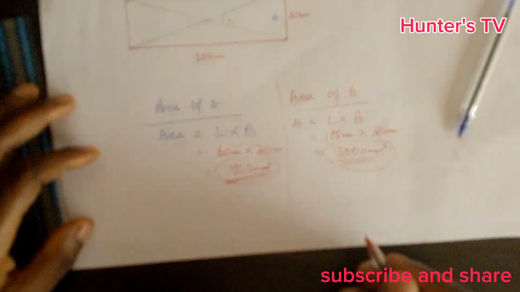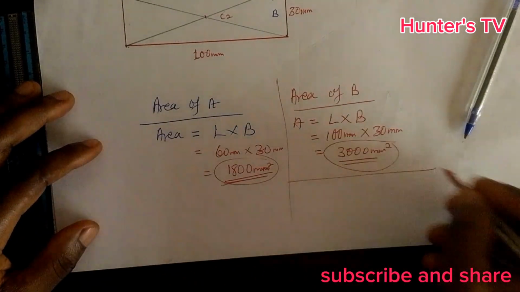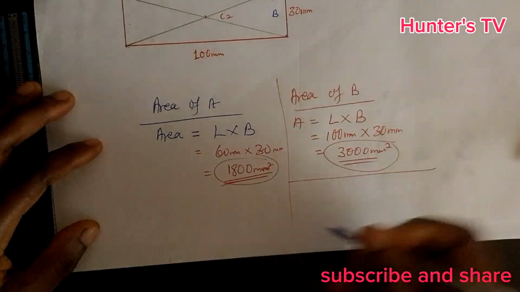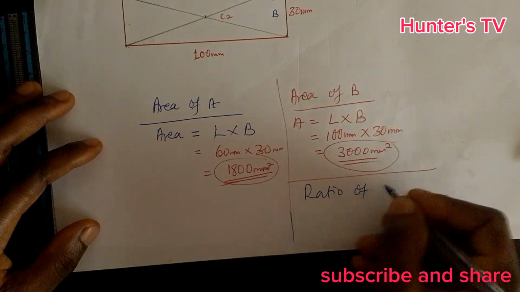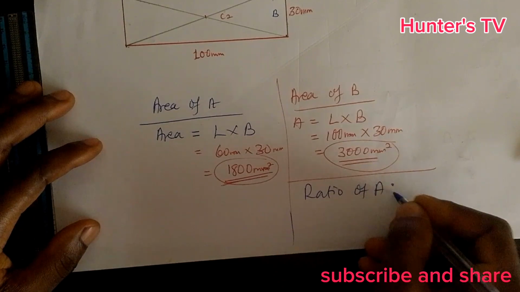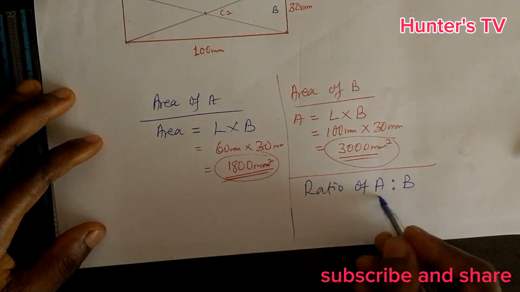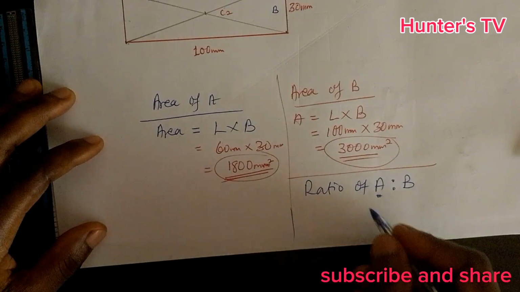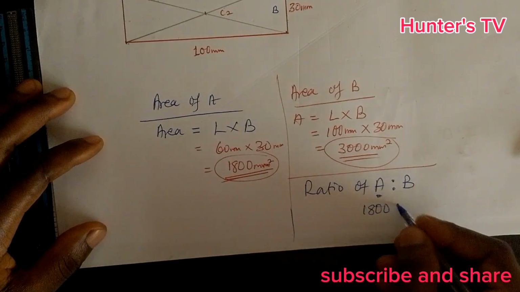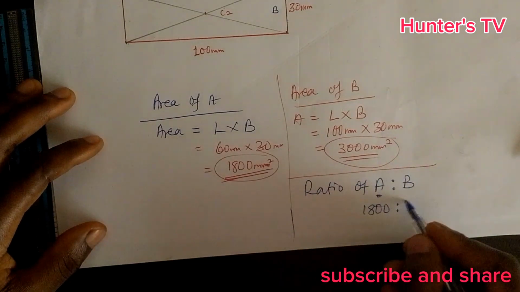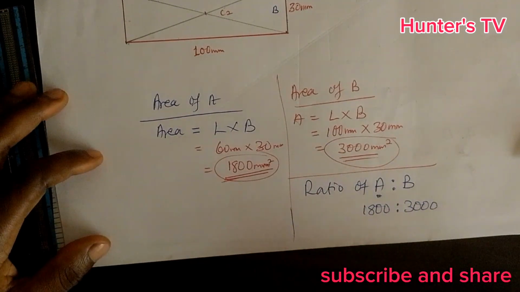So we write the ratio of A is to B. For A, we had an area of 1800 is to B, we had 3000 square millimeters.